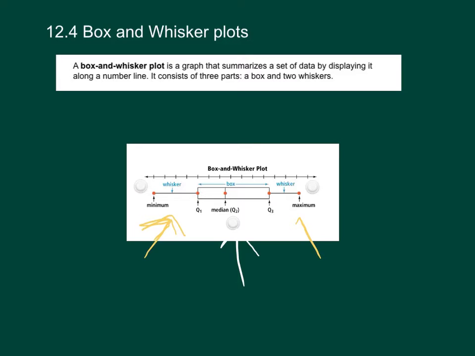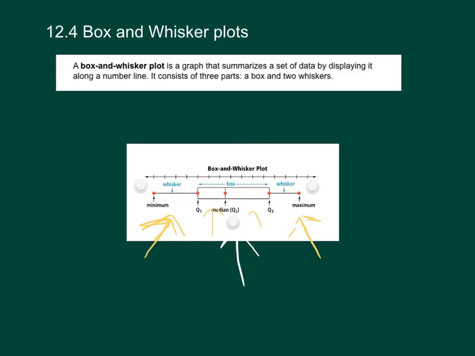Then between Q1 and Q2 is the second quarter of data. And then between Q2 and Q3 is the third quarter of data. And then the last whisker is the last quarter of data, so it's the top 25%. So it's split up in quarters, but more like 25%.